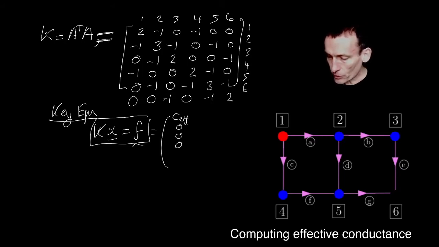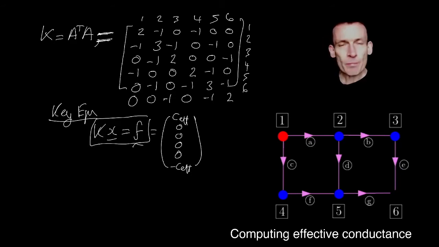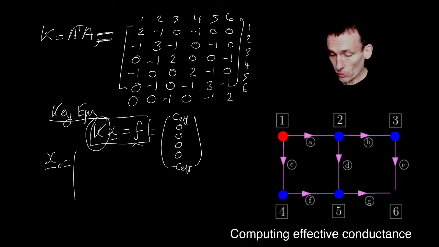And then we've got 4 nodes where KCL holds, and we must have minus the effective conductance into node 6. And remember that this K is singular. It has x naught, 1, 1, 1, 1, 1, 1, as a right eigenvector, and the only right eigenvector because this is a connected graph.